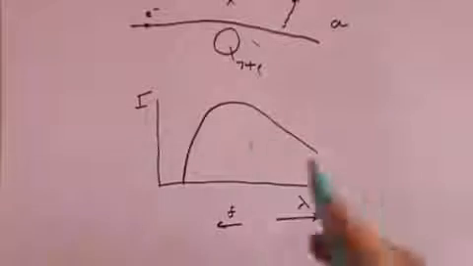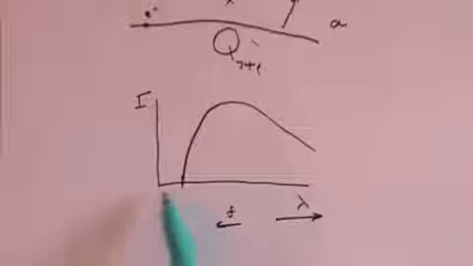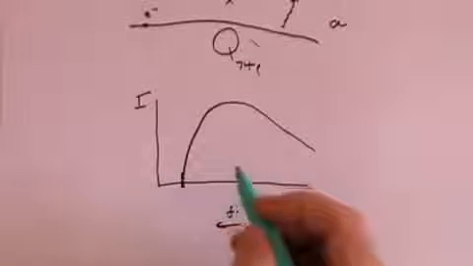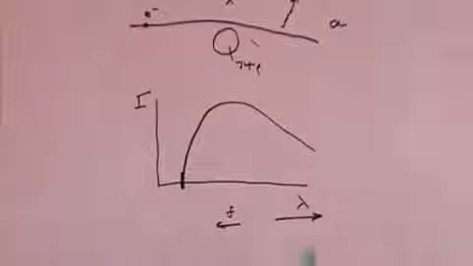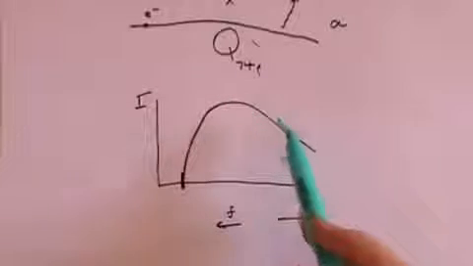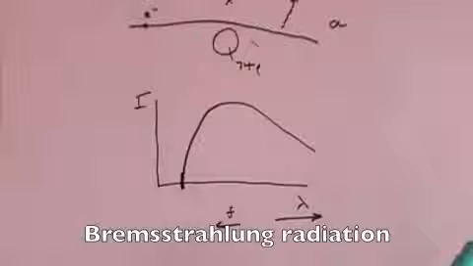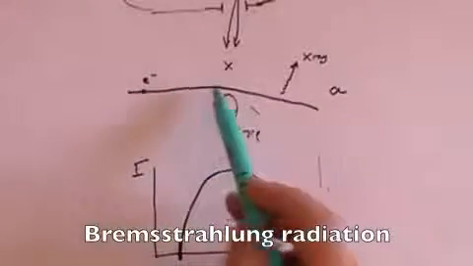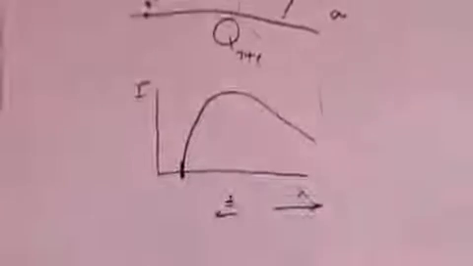So that there is essentially a cutoff where there are no X-rays that have a shorter wavelength than this, or a larger frequency than this. This continuous distribution of X-rays is called Bremsstrahlung radiation, which literally means, translated, braking radiation, because essentially the electron is braking as it passes the tungsten nucleus.